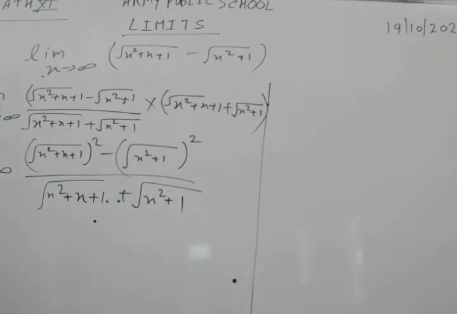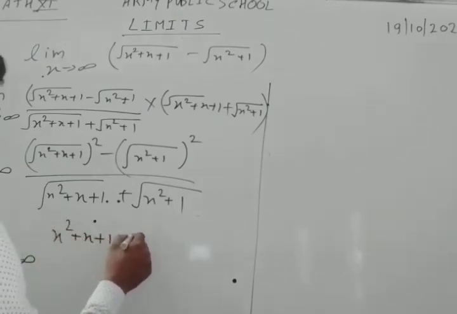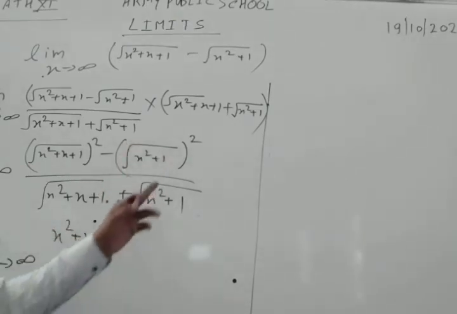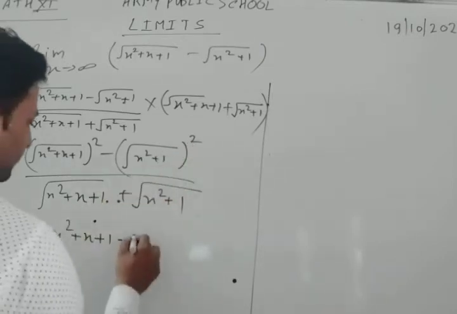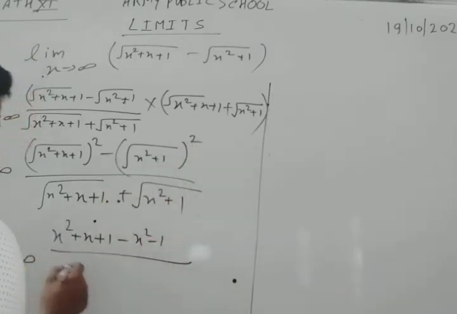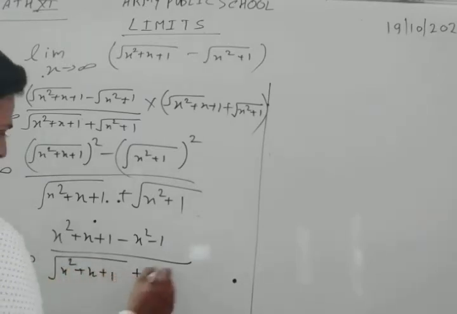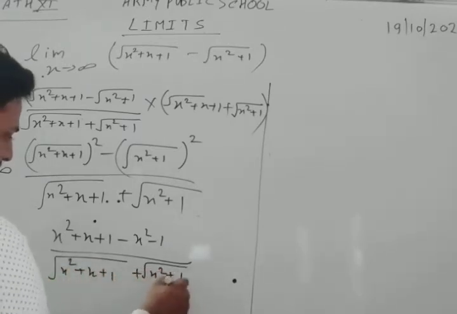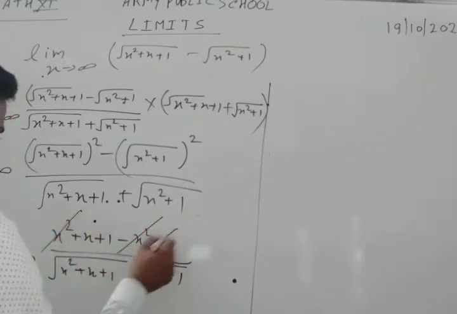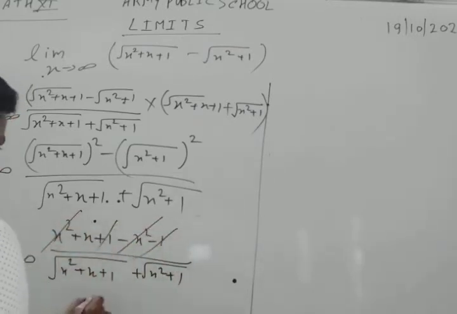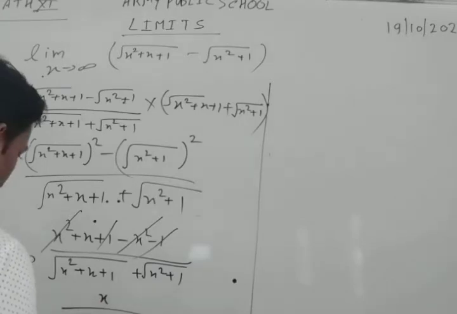Now here we get x square plus x plus 1 minus the square root will be removed with the square, so x square minus 1 upon again the same denominator. So this will be cancelled. So we are getting x in the numerator.